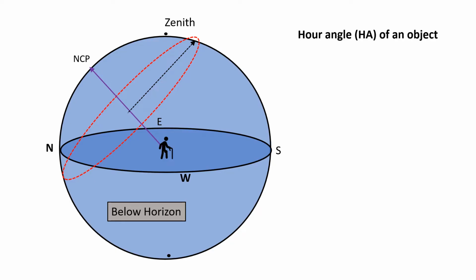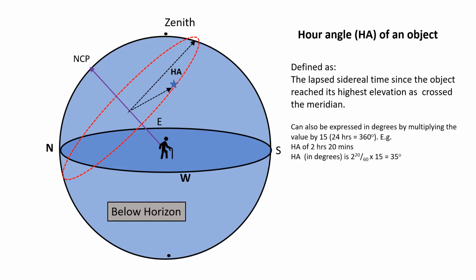The other thing we need to talk about is the hour angle of an object. This is the elapsed sidereal time since a star crossed the meridian, and it can be expressed either as a time or by multiplying the value by 15 as a number of degrees. When it crosses the meridian, the hour angle of an object is 0, and as the Earth rotates, the hour angle of an object increases.